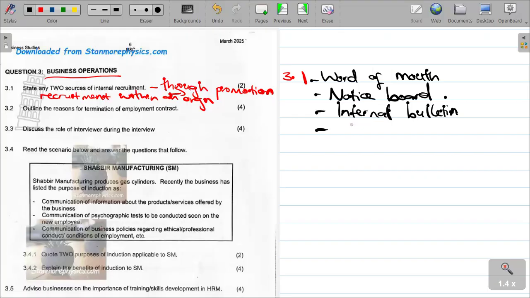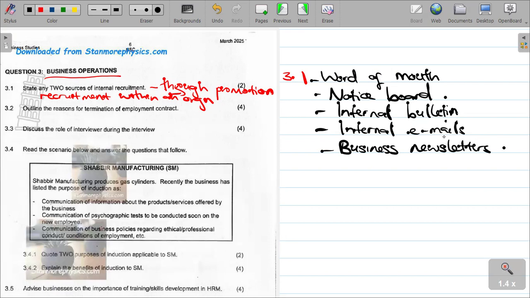They can also use internal emails, company emails, to advertise posts, as well as business letters and magazines. We have newsletters and magazines.